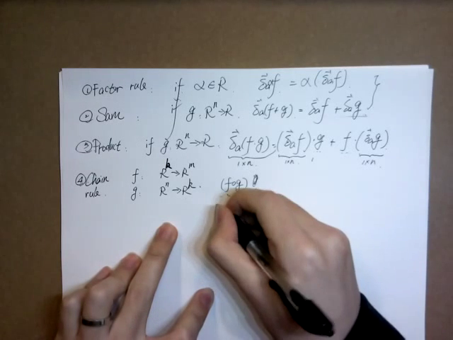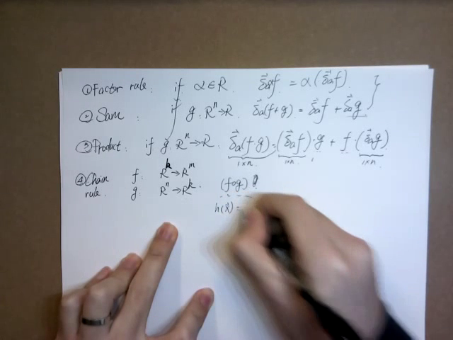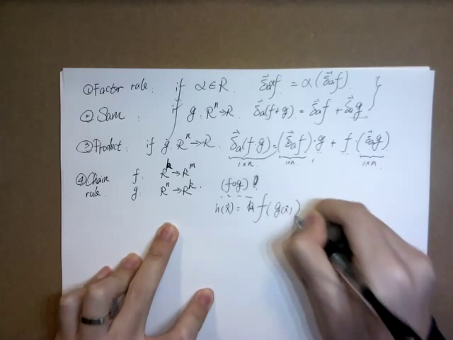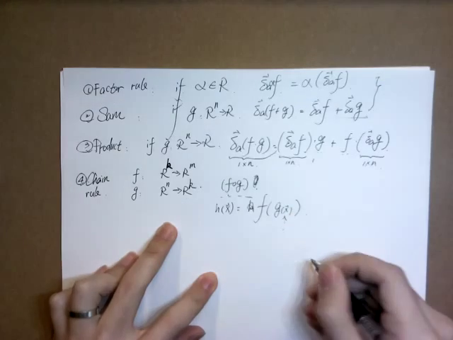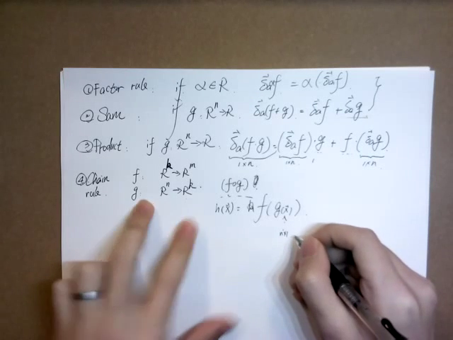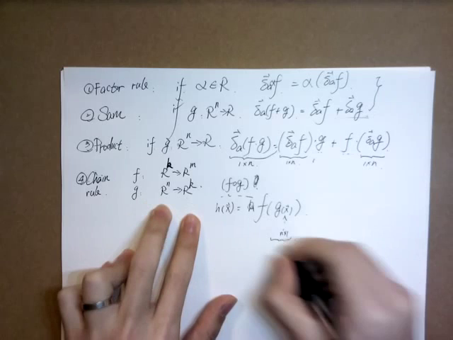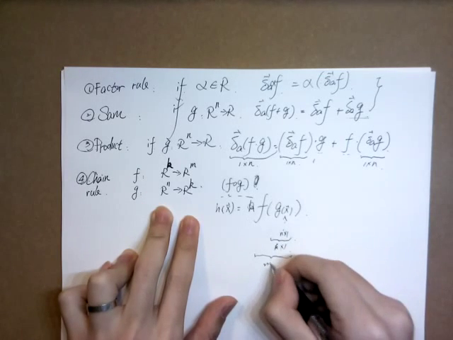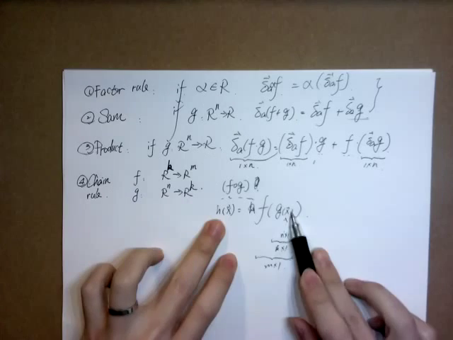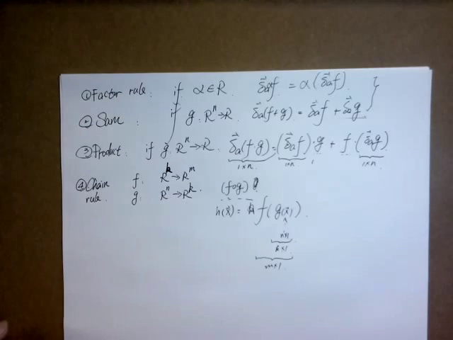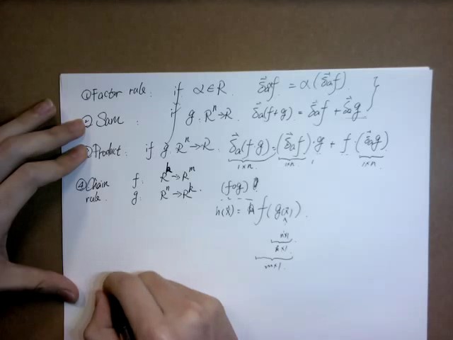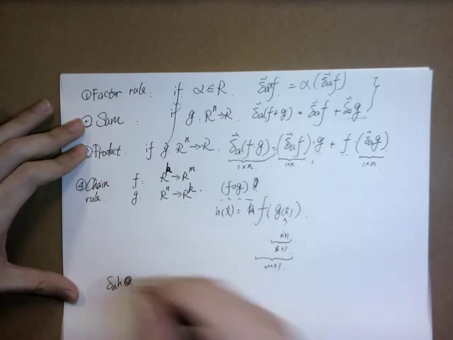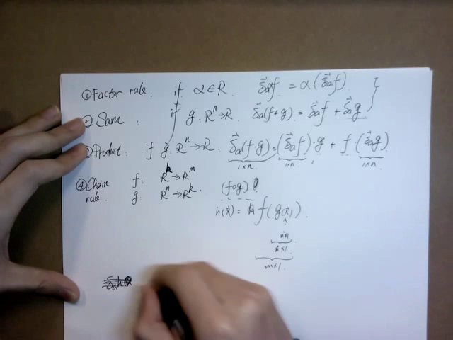If I have h(x) equals f(g(x)), the innermost x vector is an n by 1 vector, after the function g it becomes a k by 1 vector, and after f it becomes an m by 1 vector. So this is a real function. And what is the total derivative of h near a point A? I'm going to write it again.